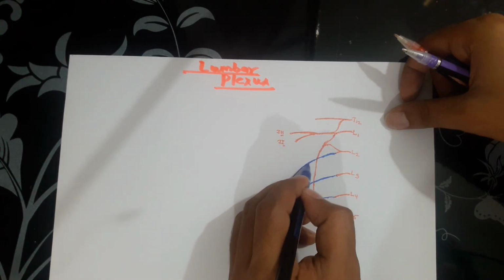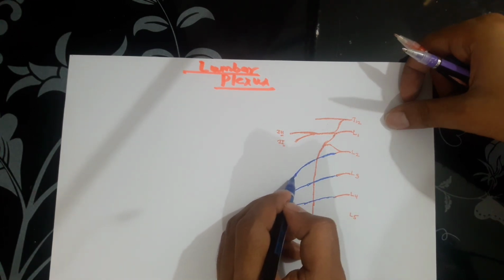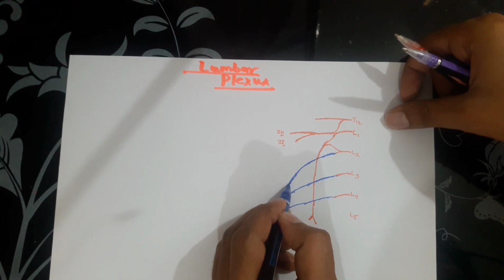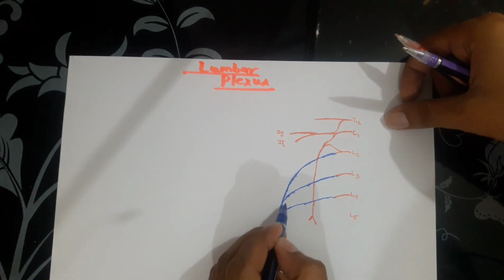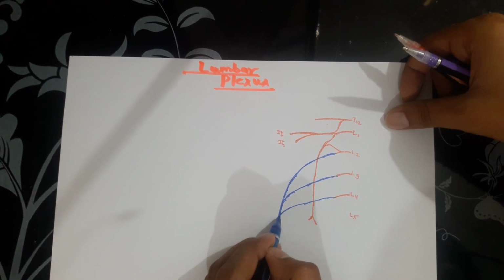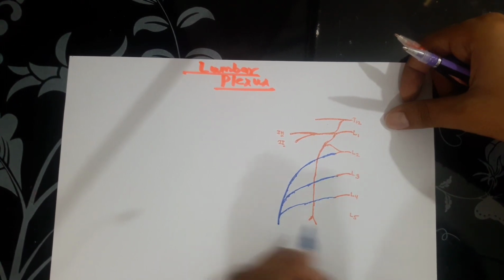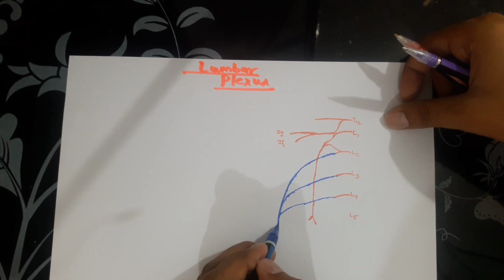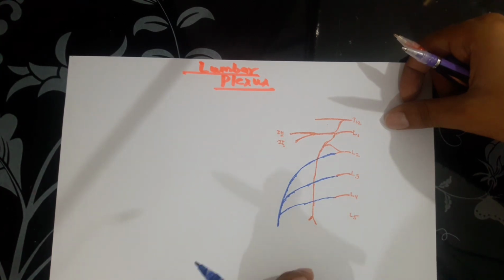Here we can see this is the femoral nerve, which emerges from the lateral border of the psoas major muscle, and it passes deep to the inguinal ligament or iliopubic tract.